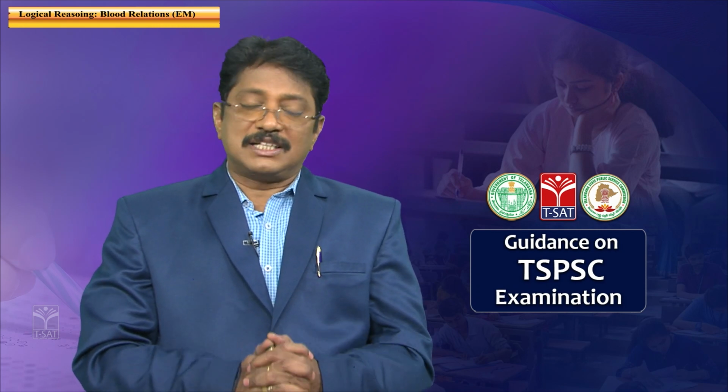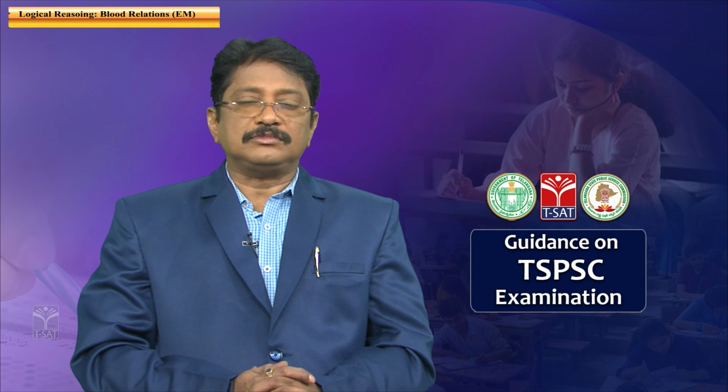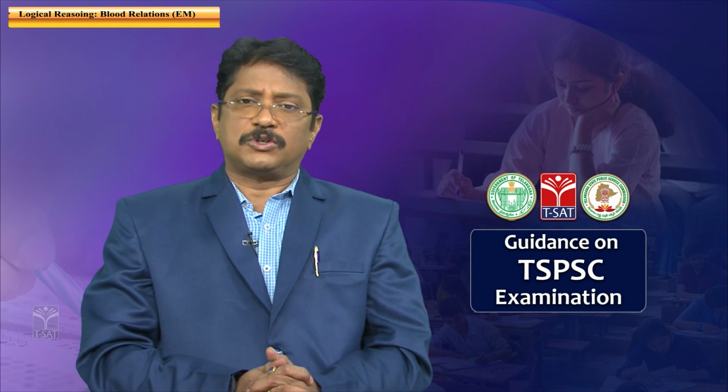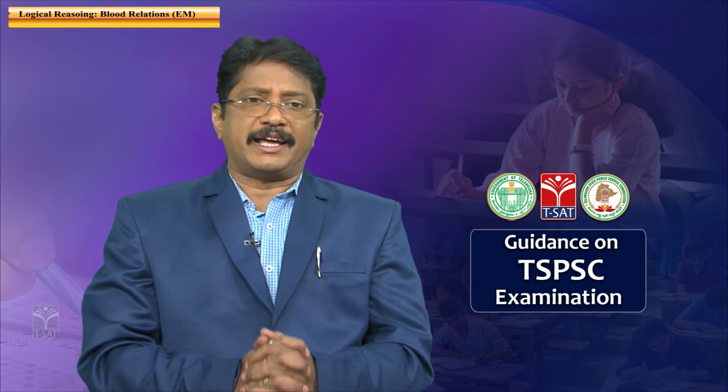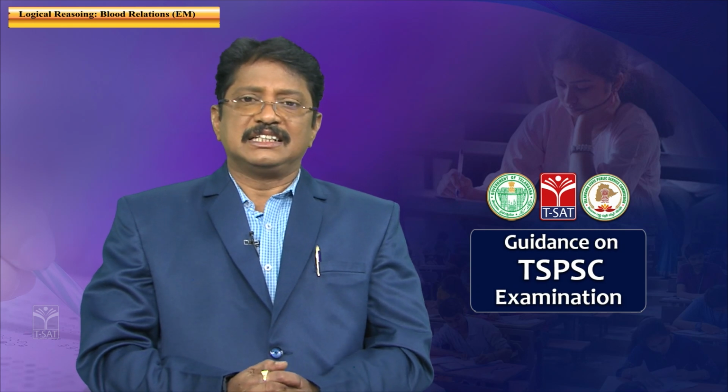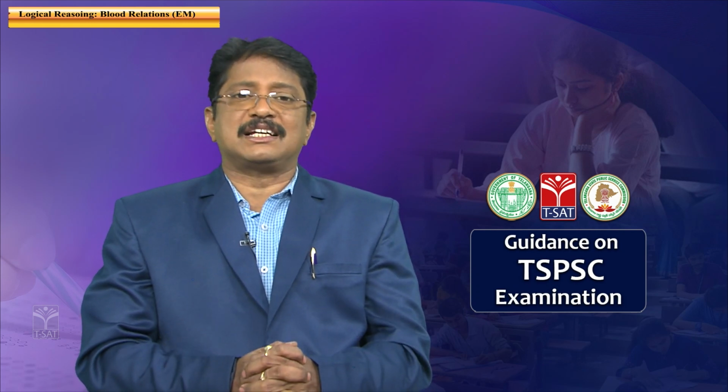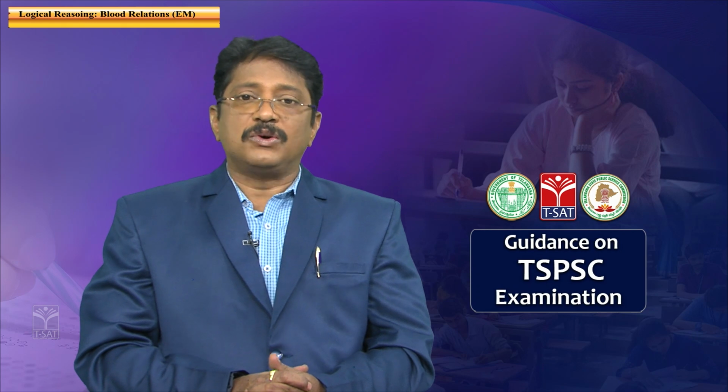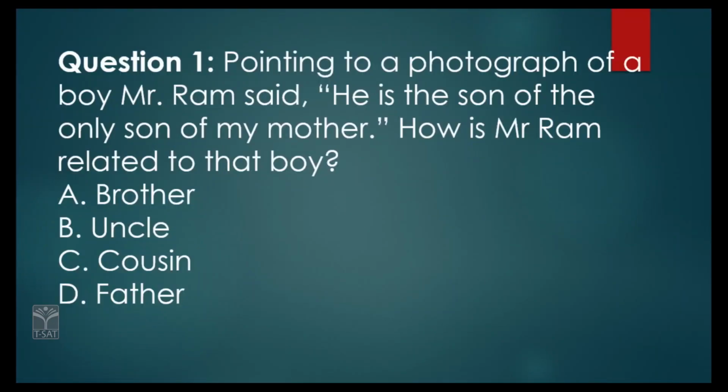Now see the first question here. Pointing to a photograph of a boy, Mr. Ram said, he is the son of the only son of my mother. How is Mr. Ram related to that boy? I will repeat the question.